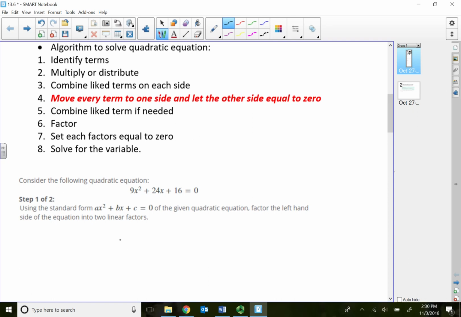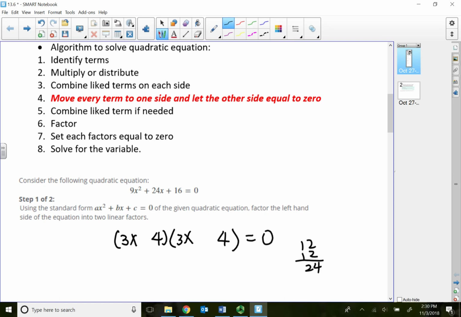So for 9x squared, I'm thinking this is a trinomial, so I'm thinking 3x and 3x. For 16, I'm thinking about 4 and 4. So my outer is 12, my inner is 12. So 12 and 12 combined will be 24 in the middle.